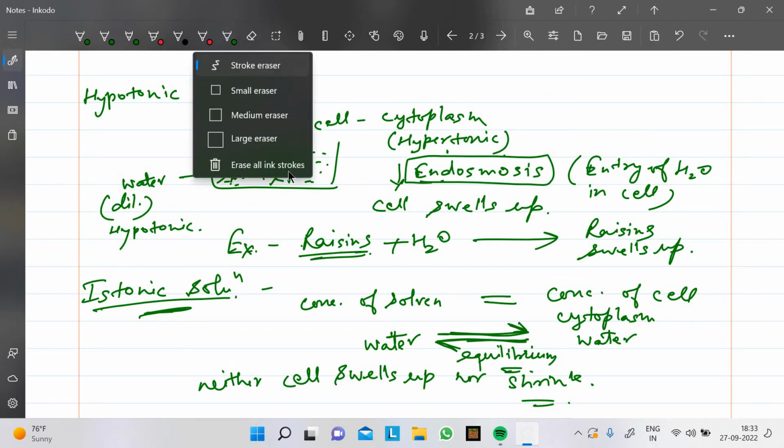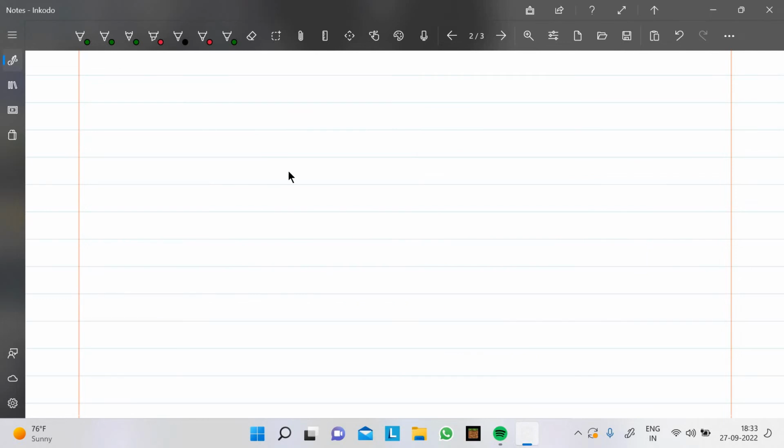Now come to the next topic, Turgor pressure. पहले भी डिस्कस किया है हमने. What is Turgor pressure?